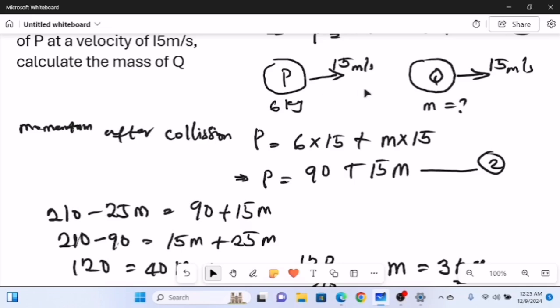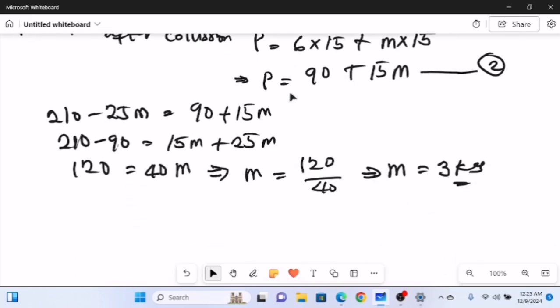Which is why the question says earlier that the two objects move in the direction of ball P, because ball P has a mass of 6 kg, and after solving you find out that ball Q has a mass of 3 kg, which is lesser than that of ball P. So the two objects will move in the direction of ball P. Alright, so that's the whole concept of momentum.